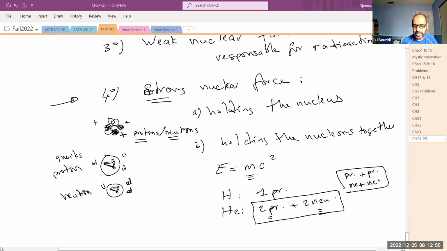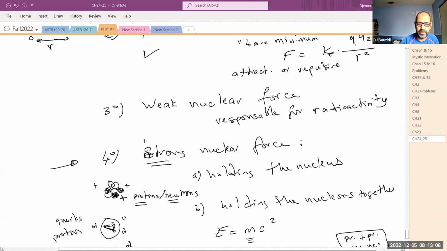If you multiply that difference by c squared, you will find that it's exactly the energy needed to form that nucleus. And you can go through the entire periodic table and you see the same thing, okay? So all of the elements exhibit this kind of behavior.